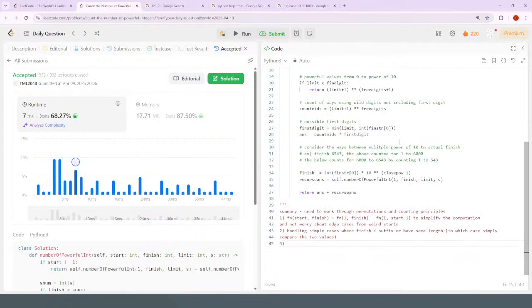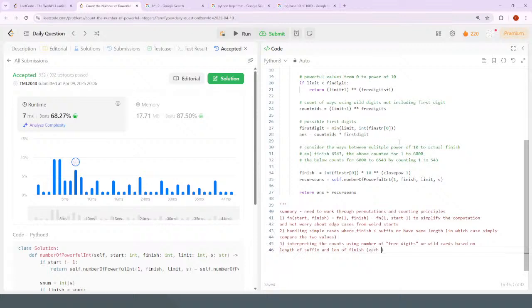And then interpreting the counts using the number of free digits or wildcards in between, based on length of suffix and length of finish.